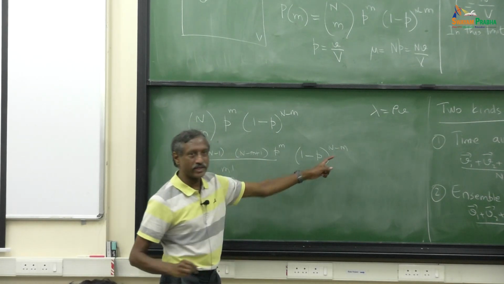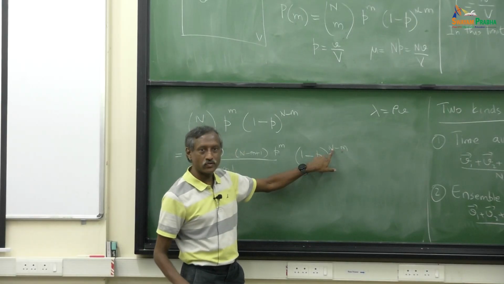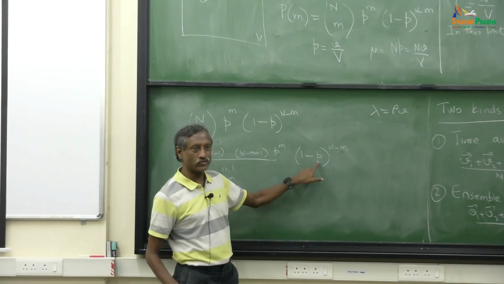Now we still have to take this limit, but this m doesn't matter, really this n is going to infinity, but p is going to 0.